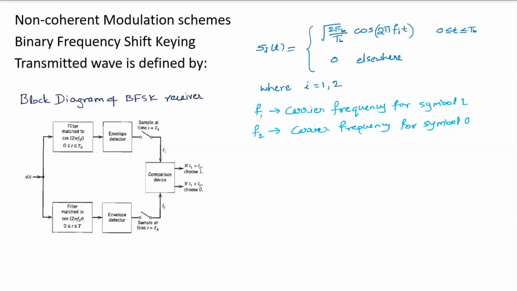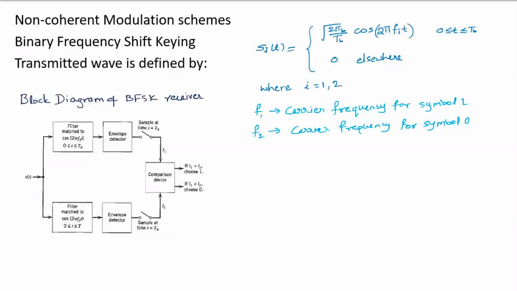Even in the case of QPSK coherent modulation scheme, you have seen a bank of two correlators. Now, when we say the modulation scheme is a non-coherent modulation scheme, there is no reference carrier at the receiver. There will not be a carrier frequency generated at the receiver, right?